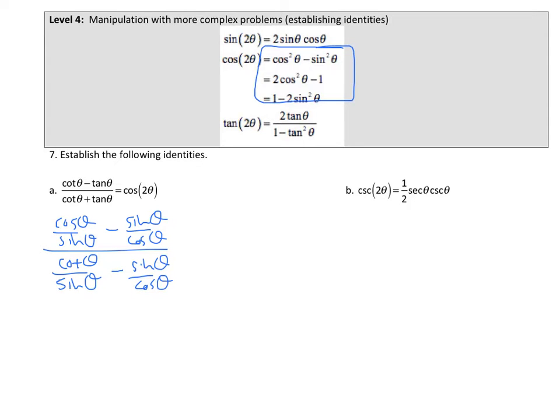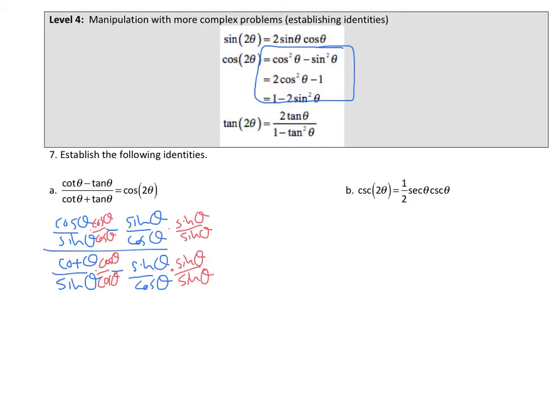So I'm going to multiply this fraction by cosine theta over cosine theta, and this one by sine theta over sine theta, this one by cosine theta over cosine theta, and this one by sine theta over sine theta.